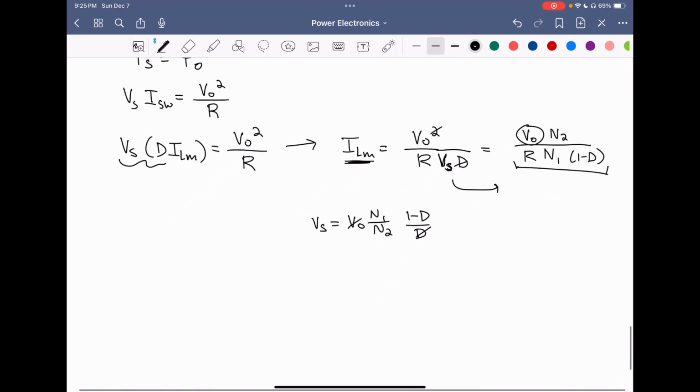Actually, we might want to express the magnetizing current ILM in terms of VS, the source voltage. So once again, we had ILM is VS squared over R times VSD. And now let's say we use the expression for VO instead.